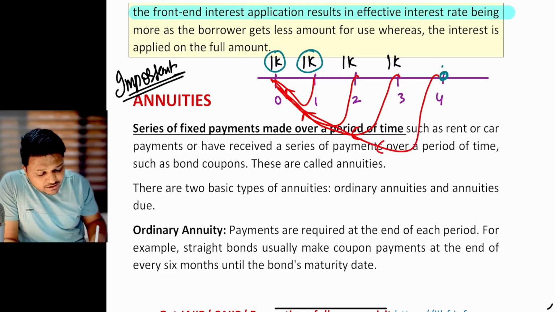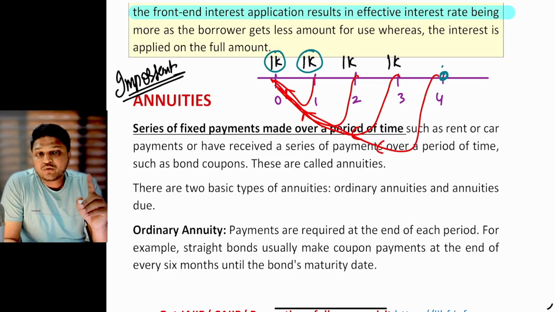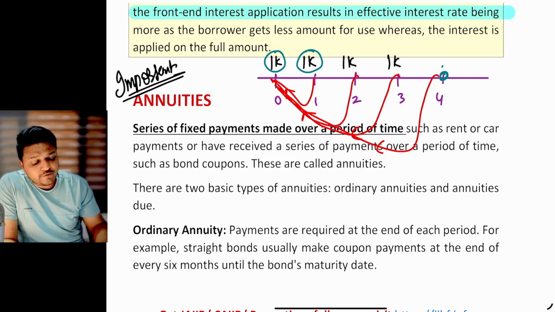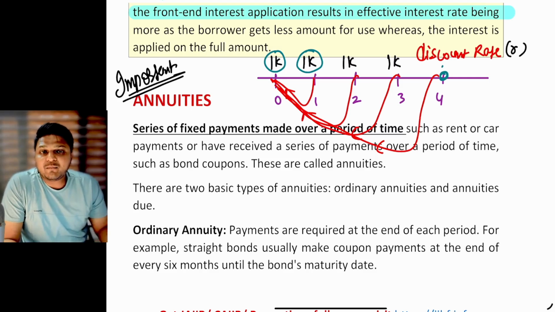So 1000 after 1 year, 2 years, 3 years, 4 years is not going to value the same. We have to reduce those values, and those values are reduced using the discount rate, represented by R.